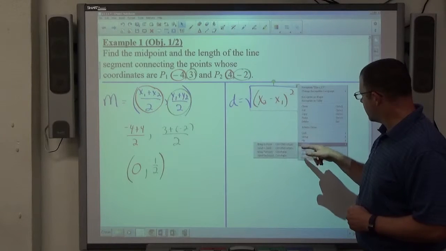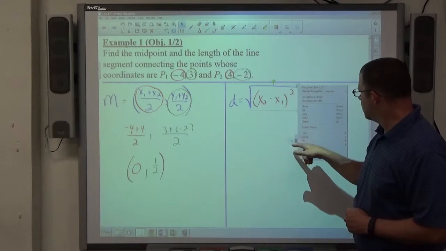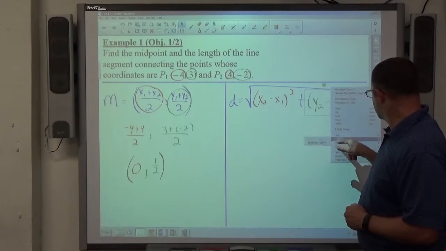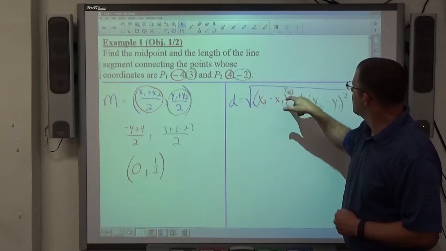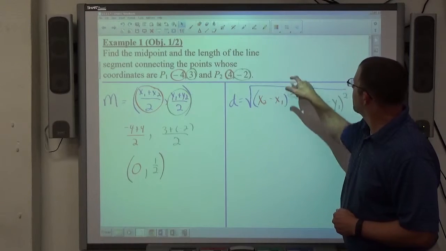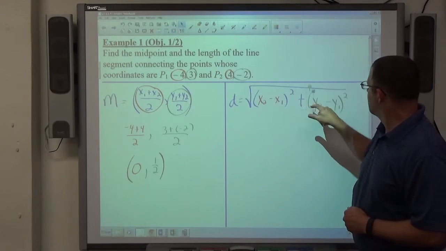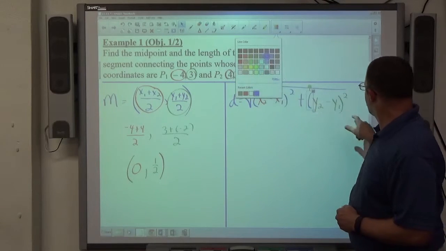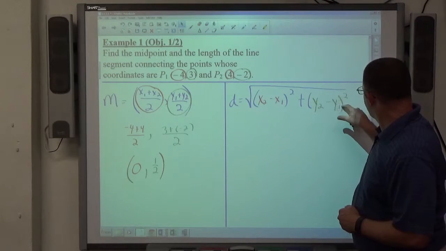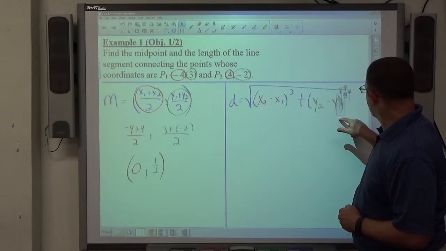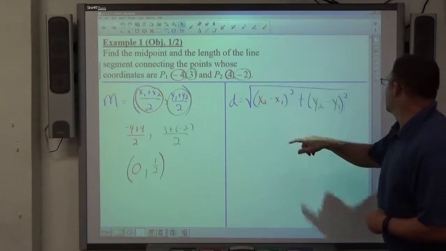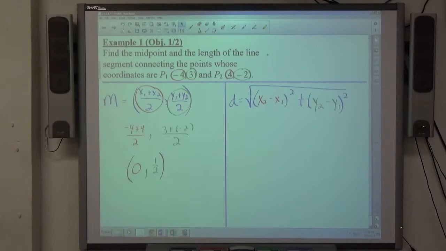Use some different coloring here. Quicker, just pick them individually. Okay, there's your formula. x2 minus x1 squared plus y2 minus y1 squared.